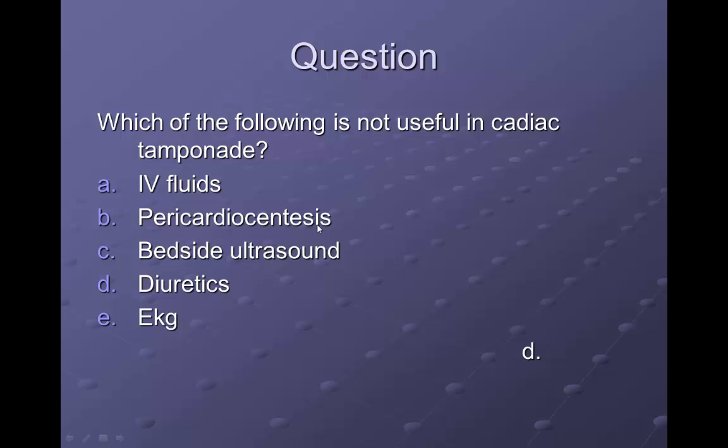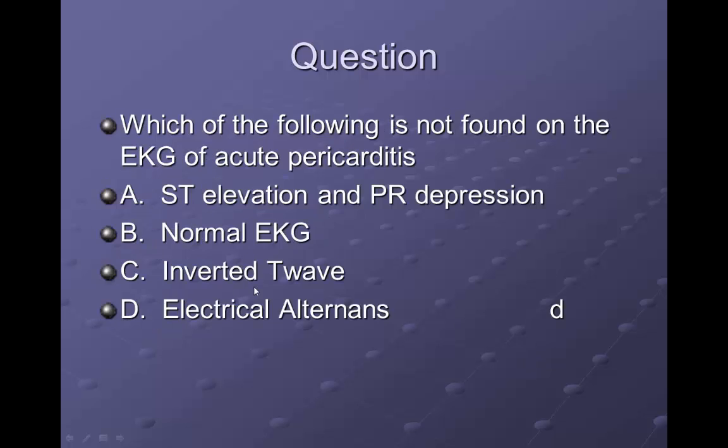Then secondly, pericardiocentesis stat. You could do a Doppler ultrasound or echocardiography to diagnose and guide pericardiocentesis. You could do an EKG, but what you can never do is give diuretic therapy because you are reducing preload, and that's exactly what you need. You need a high preload and high venous return to improve hemodynamics and cardiac output.